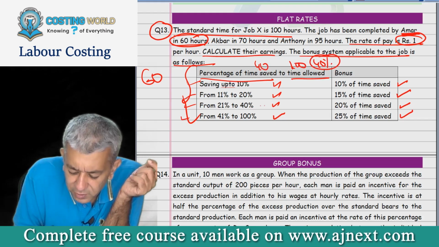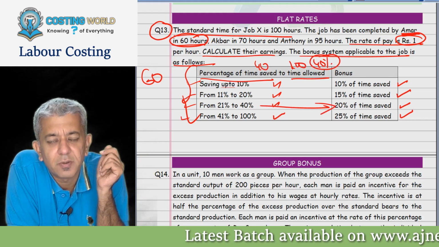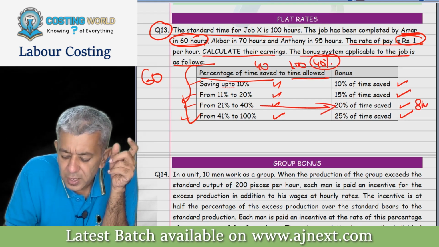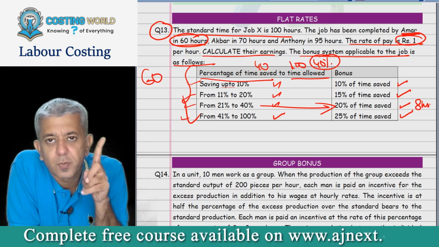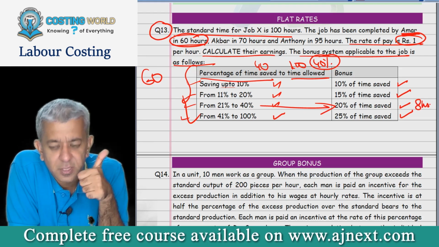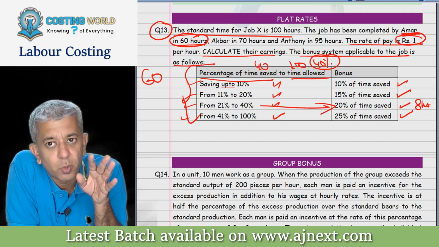And if it is 40%, the amount of bonus that he will be eligible will be 20% of time saved. Can I say 20% of 40 will make it 8 hours bonus, no? 8 hours in terms of rupees will also be 8 rupees because 1 hour is 1 rupee. Is that okay? So 60 rupees of basic wages plus 8 rupees of bonus, total will become 68. That's what I'm going to be computing.